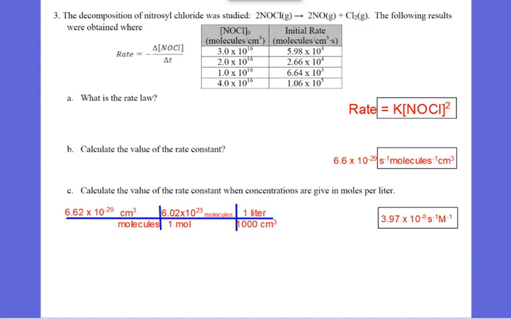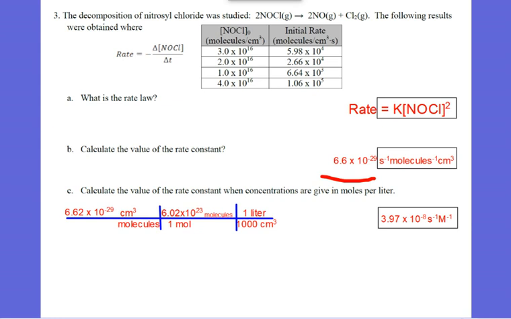And the 10 to the 16th is going to be squared. So 10 to the 16th squared is like 10 to the 32nd. But we're dividing by 10 to the 32nd. So this number, while it looks weird, is the right answer. 6.6 times 10 to the minus 29 is the value for k when we divide the rate by NOCl squared.